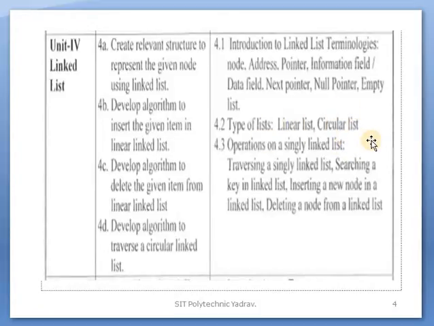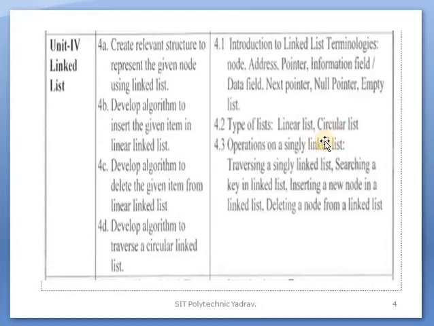The operations are not that important, but in case the concepts are added, obviously a question may be asked on the operations and also a program. So I am also teaching that to you, and in the practical also the programs are there on circular list.